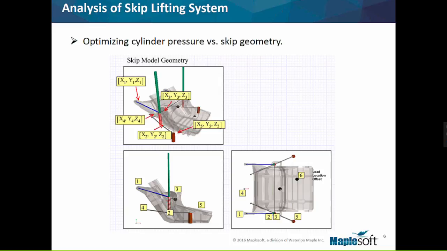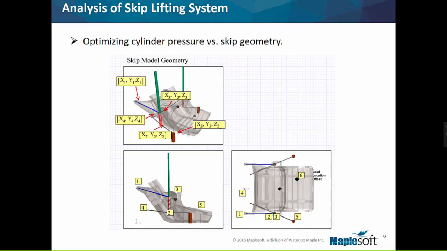The geometrical parameters, as you can see on the screen here, x1, y1, z1, and x2, y2, z2 through x5, y5, and z5, have a huge influence on the behaviors of the system: the hydraulic pressures, the vertical forces, and the vibration when the skip touches the ground.